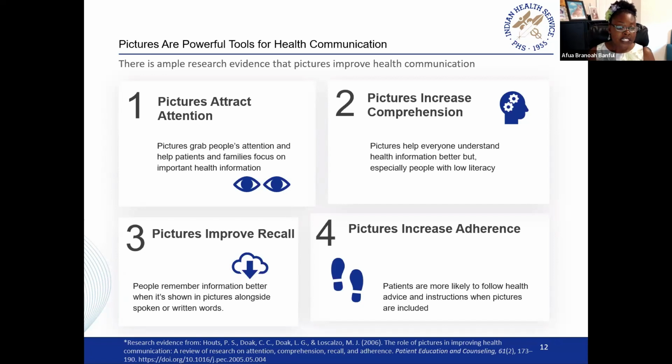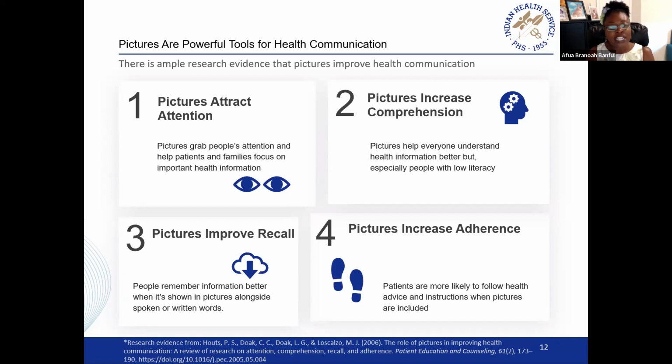And then the other thing is that pictures improve recall. When you show pictures alongside spoken or written words, it actually helps people remember more. And this is an exercise that we'll do for ourselves next week to test it out. And then finally, pictures improve patients' behavior.